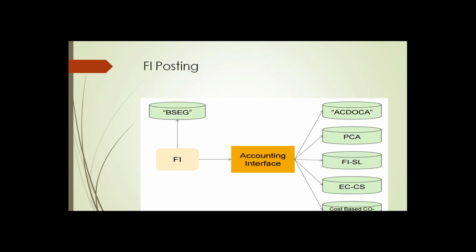But in cost-based COPA, I can split this value and put it into many different value fields, like what is my overhead, what is my material cost, what is my labor cost, and all those things. These are some additional functionalities which are available in cost-based COPA.